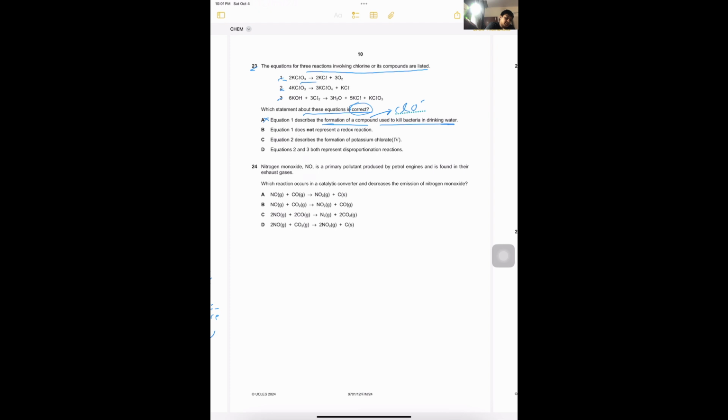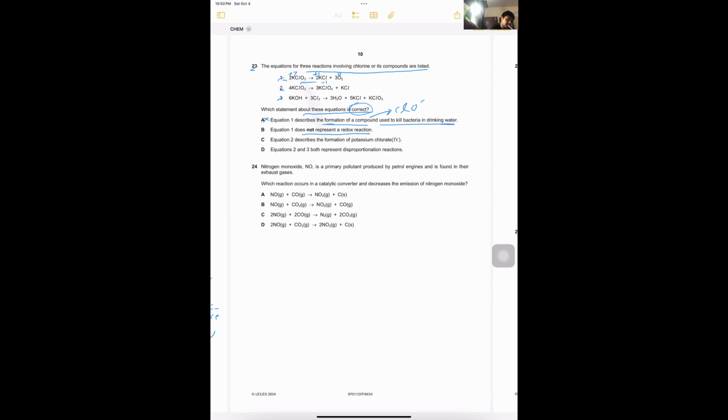Equation 1 does not represent a redox reaction. What I can see over here is that it does represent a redox reaction, because oxygen here is 0, right? Potassium here is +1 and chlorine is -1. Here potassium is +7, right?